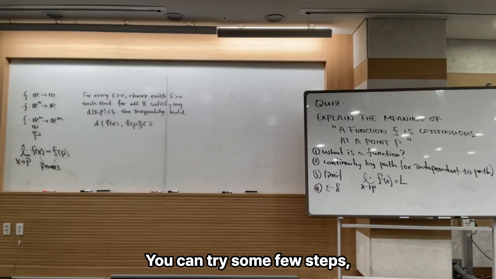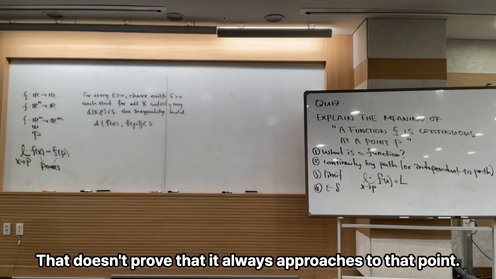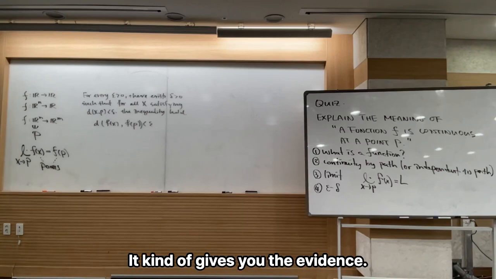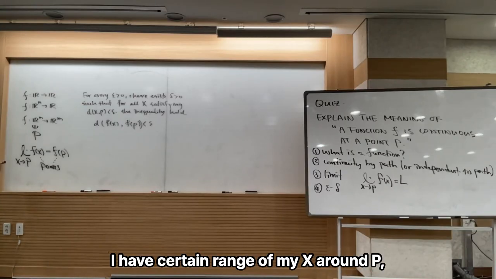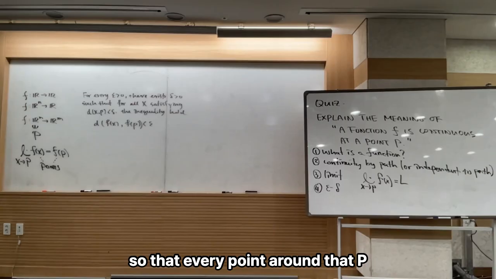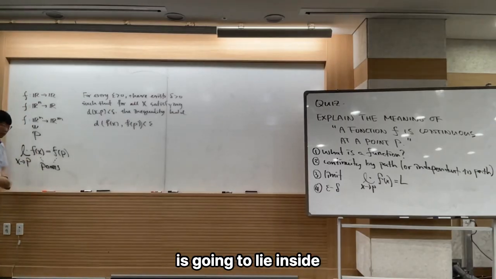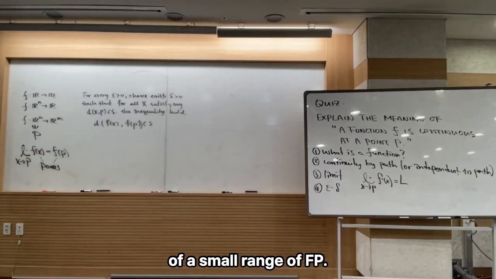You can try a few steps, you can try some paths, but that doesn't prove that it always approaches that point. It only gives you evidence. So what do I need? I need a guarantee that if I want to get close enough, I have a certain range of my x around P so that every point around that P is going to lie inside a small range of f(P).